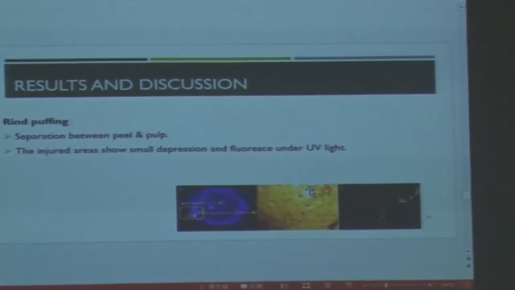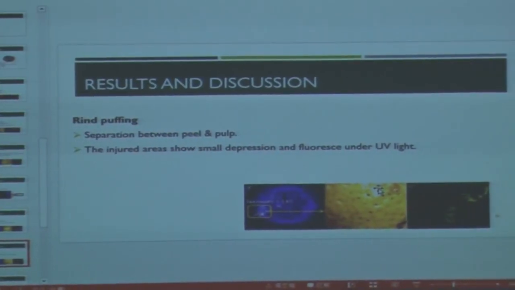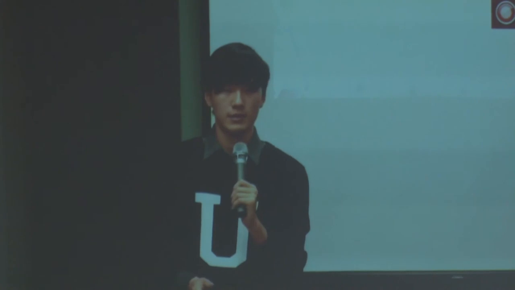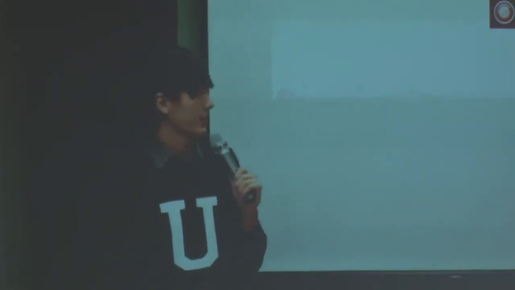So we can identify that at least the defect is a kind of hole. And as you can see from the ring puffing, in the color image and the fluorescence image, there would be a wide range of fluorescence. So I think this is the way to identify the different defects. Yes. Thank you very much.